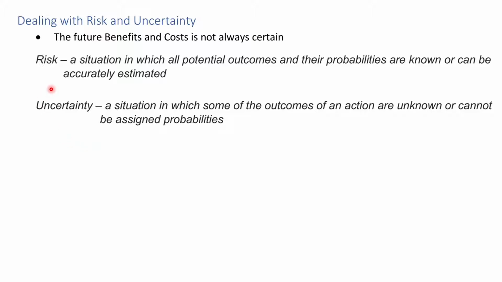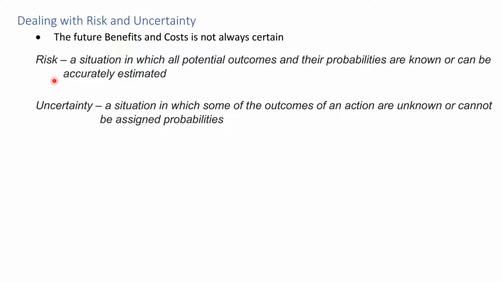Risk, strictly, is a situation where all the potential outcomes and their probabilities are known or can be accurately estimated. For example, a coin flip is a situation of risk. We don't know which side it is going to land on, but we do know there are two sides, heads or tails, and we know the probability of landing on each side, 50-50. A roll of a dice is also a risky situation.